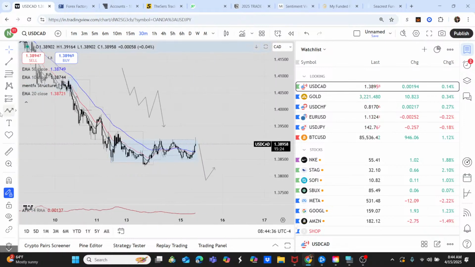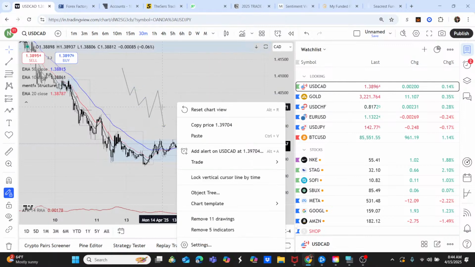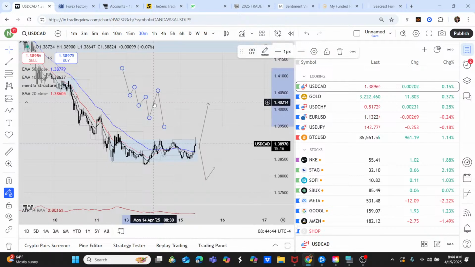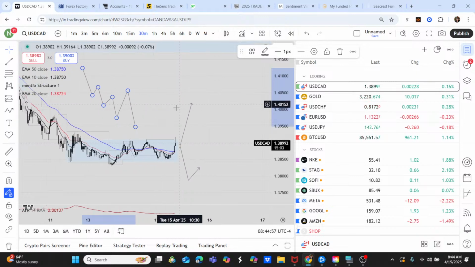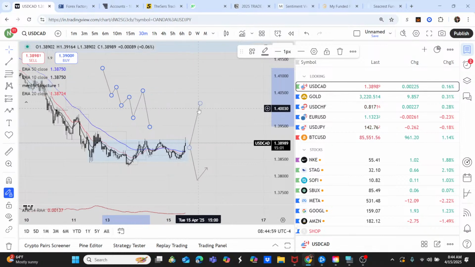So price can easily, I say this all the time, it can do the opposite. But if it ends up doing the opposite, then there's nothing for me to do. I don't take a trade. It's simple like that. My strategy is really just simple. It's either I take a trade in a good area that may lead to a large profit because of my management rules, or I take a quick loss, quick break even, or no trades.